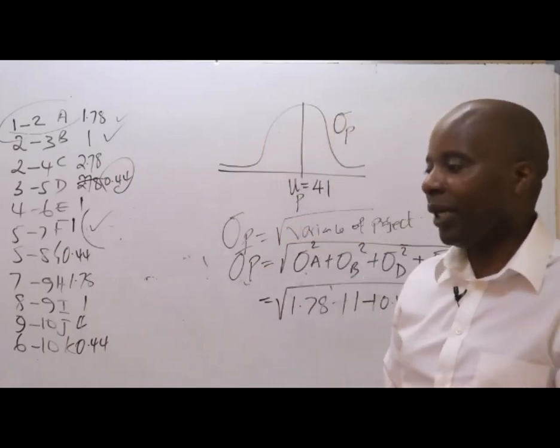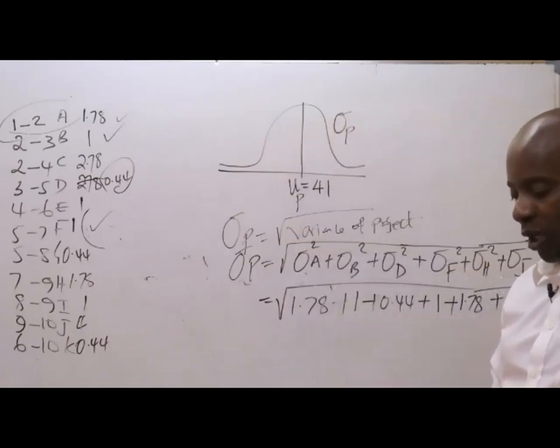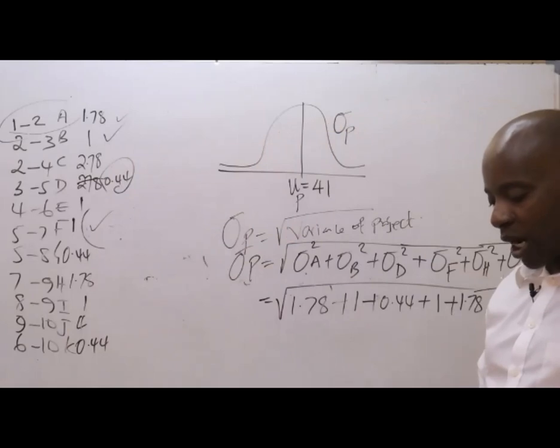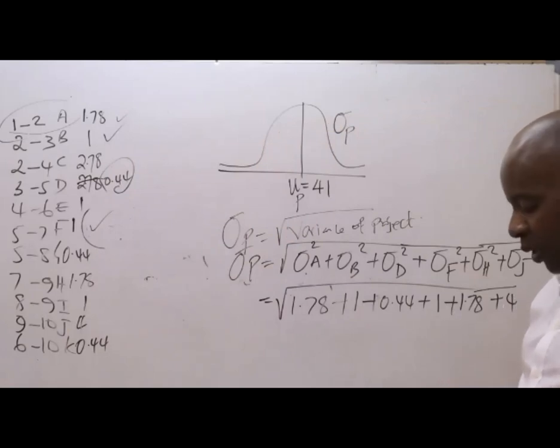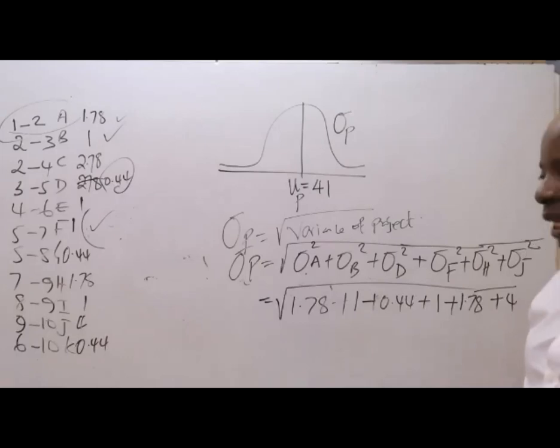So, ladies and gentlemen, what I expect you now to do is to come here. We have 1.78 plus 1 plus 0.44 plus 1 plus 1.78 plus 4, which gives me 10.